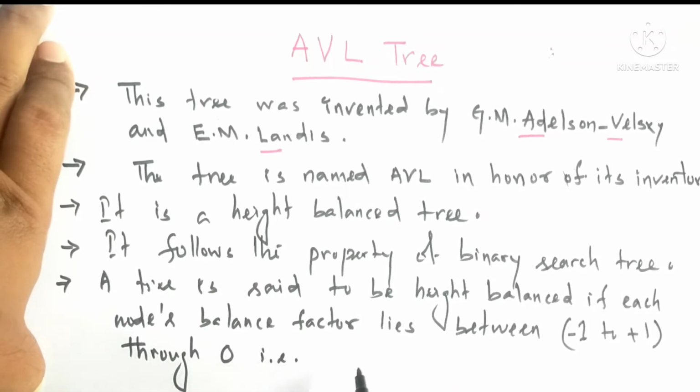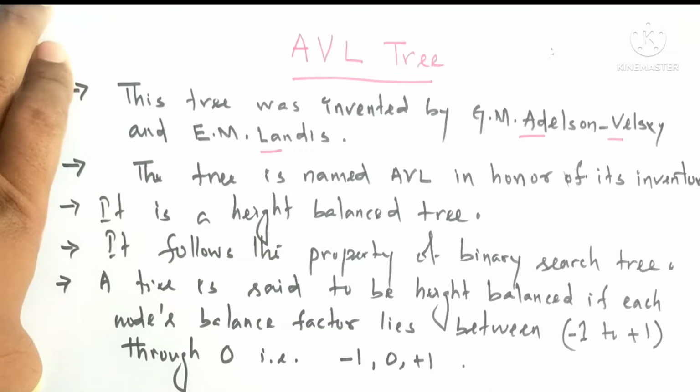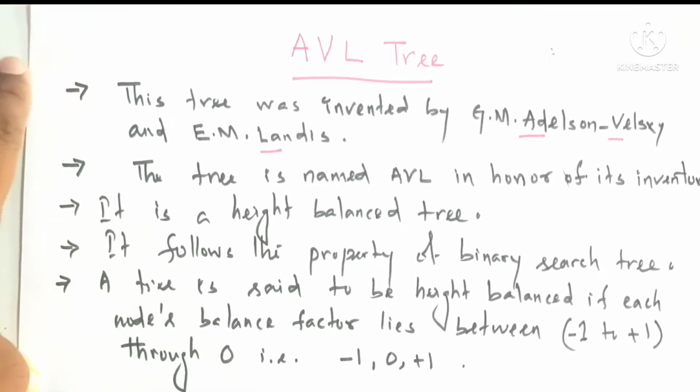That means if the balance factor is -1 or 0 or +1, then we can say that the tree is balanced. If every node of that tree is carrying a balance factor value within this range, -1 to +1 through 0, then we can say that the tree is a height balanced tree or an AVL tree.